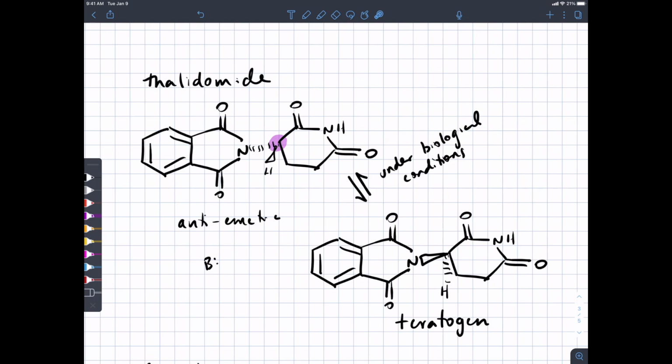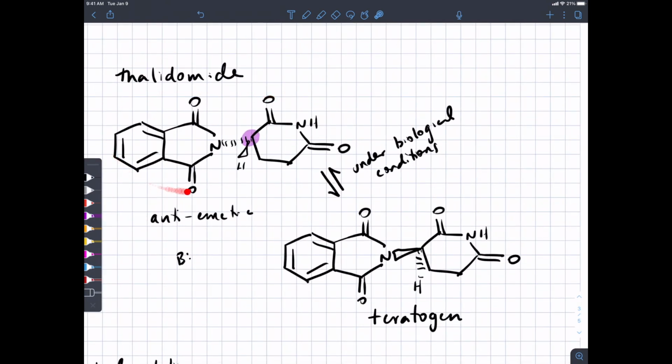But under biological conditions, it was easy to remove this proton, and you'll learn why in 352, and then you could reprotonate the conjugate base from either side, and you would generate some of the other enantiomer, which is not innocuous, it's a teratogen. People were taking this at exactly the time during pregnancy where teratogens could have a terrible effect. That's a very horrible and scary story.